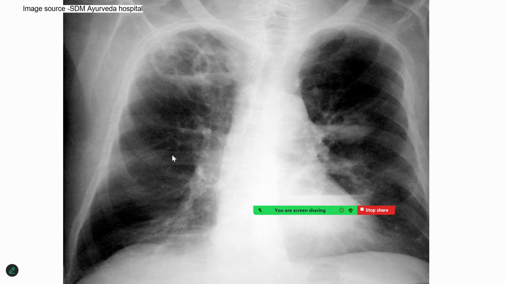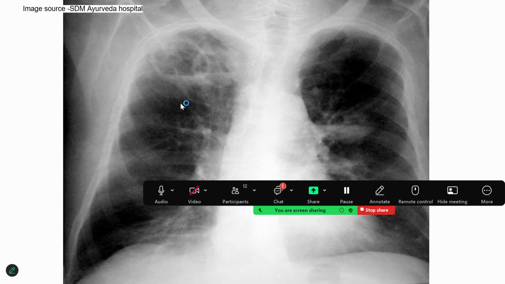So multiple fluid levels could be seen in a cavity, which suggests a bigger cavity, and the exact identification of the pathology would be difficult, because whether it's primarily purulent, tubercular, or of malignant origin, it would be confusing.